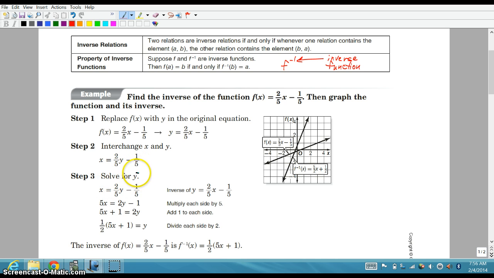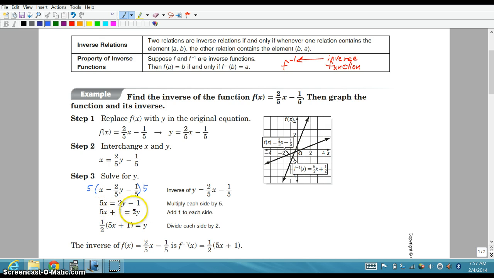Taking this equation, we can multiply both sides by 5, as I'll show here. In the next step you can see that 5 times x is 5x, 5 times 2/5 y is just 2y, 5 times -1/5 is -1.